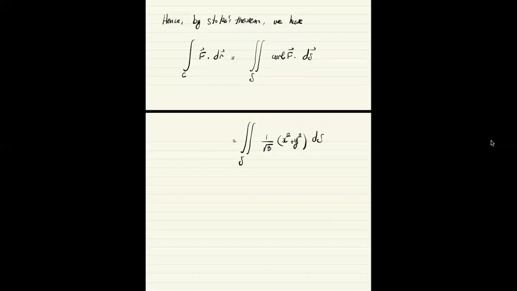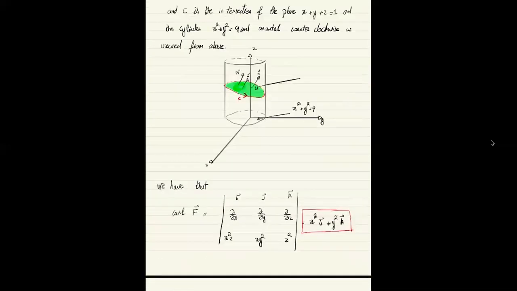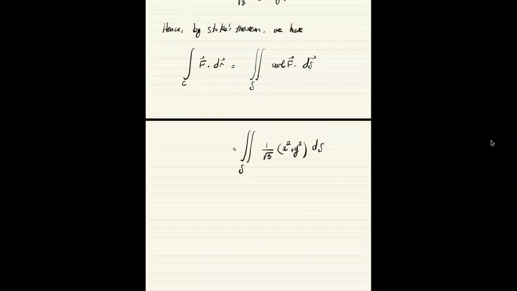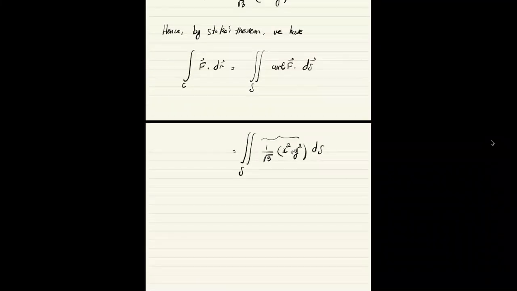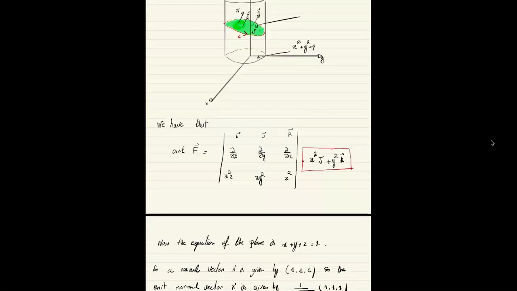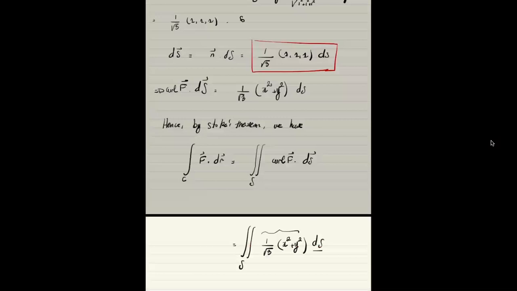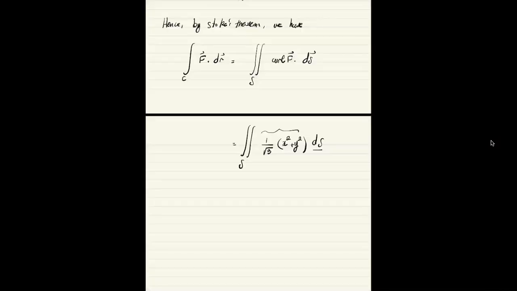Now, you need to think about the meaning of this. We got a surface integral that has to be integrated over the surface S. This is just a normal function, and this is an element of a surface, and we need to integrate over all the surface.